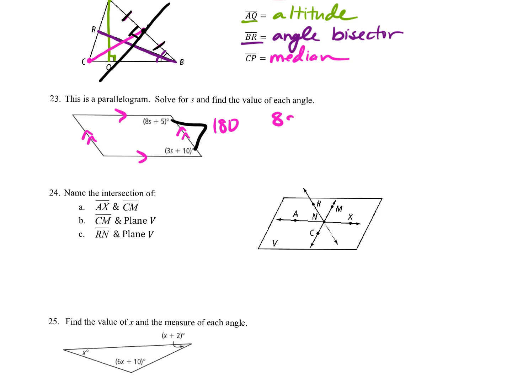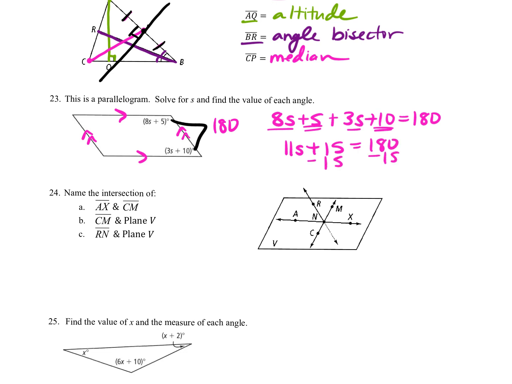So we're going to say 8S plus 5 plus 3S plus 10 equals 180. So 8S plus 3S is 11S. 5 plus 10 is 15. Okay, so we're going to take away the 15. And then we're going to divide. So 165 divided by 11 gives you 15.